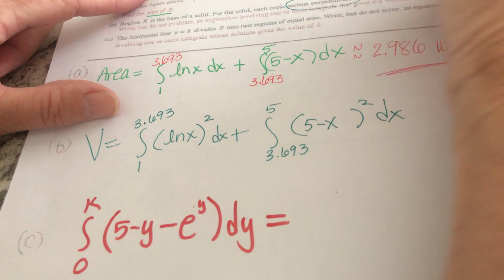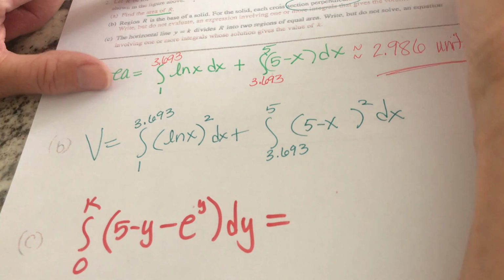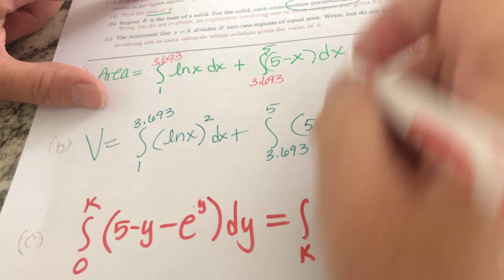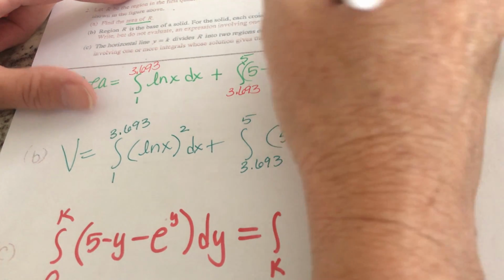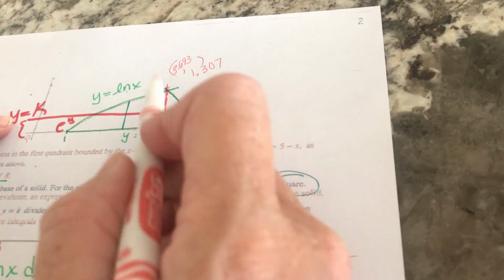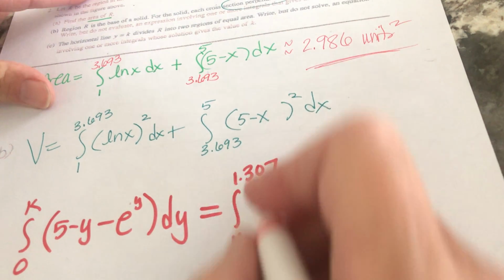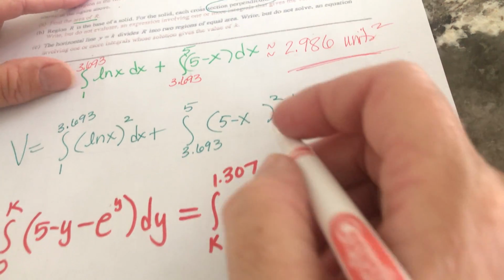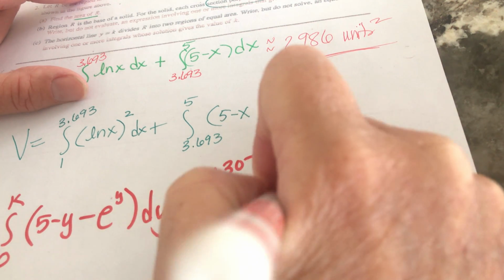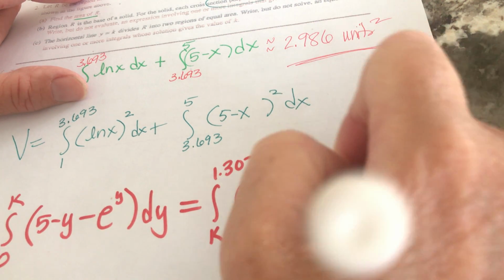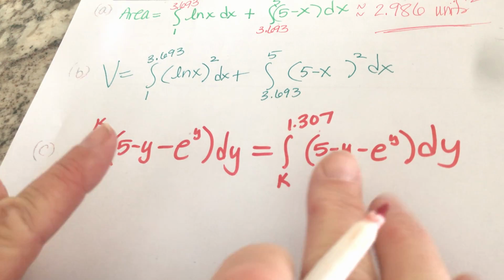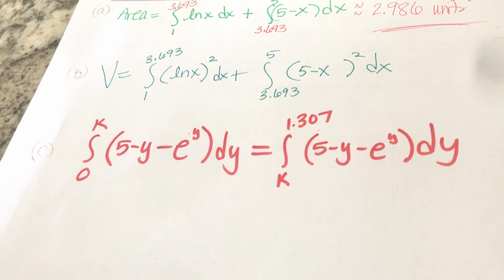So that has to equal the next part, which would be the integral from k to that top piece, which that y value is 1.307, and it's the same 5 minus y minus e to the y dy. So that shows the two pieces set equal to each other.